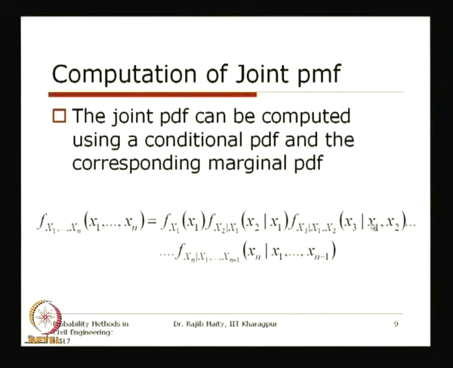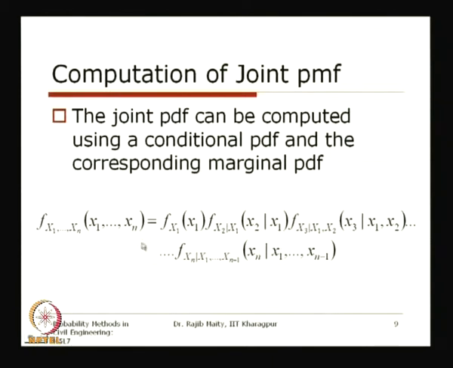The general term of this series is the conditional distribution of xk given x1, x2, x3 up to xk minus 1, and finally at the last, the conditional distribution of xn given the random variables from x1 to xn minus 1. So this is the general term to get the joint distribution between x1 up to xn.